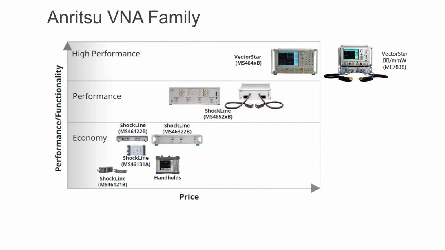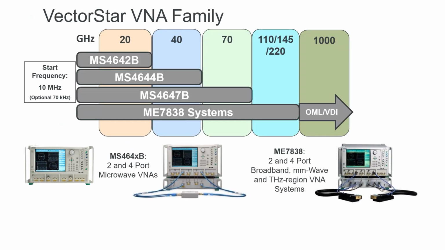But we're using VectorStar today because we're going up to 70 gigahertz, and it's also possible to extend even higher with millimeter wave extenders to 110 gigahertz, 145, and even 220. We're the only company that has a single sweep vector network analyzer from 70 kilohertz all the way up to 220 gigahertz. So a lot of these concepts can be extended into higher frequencies.